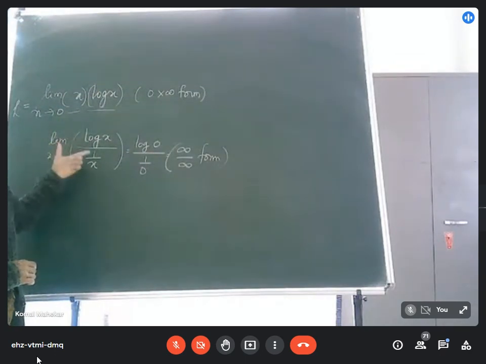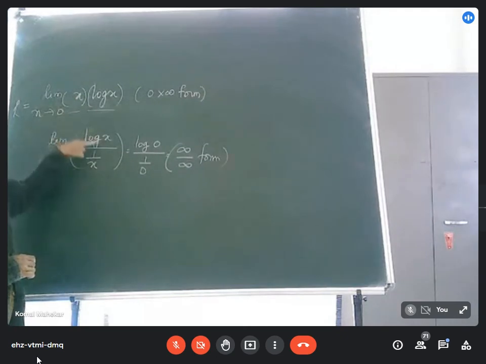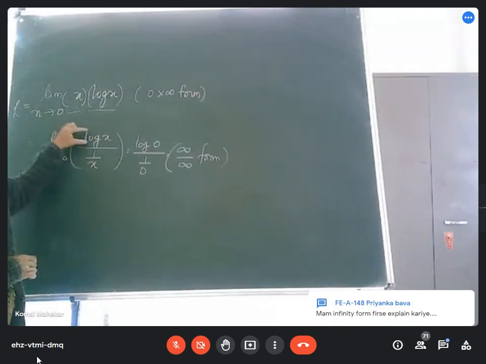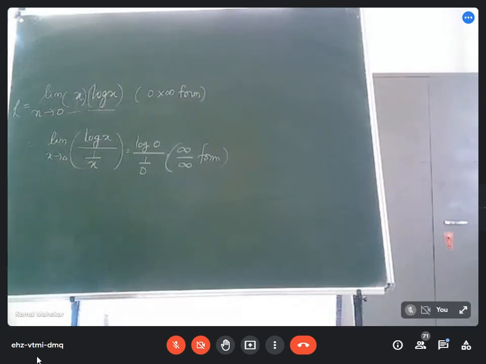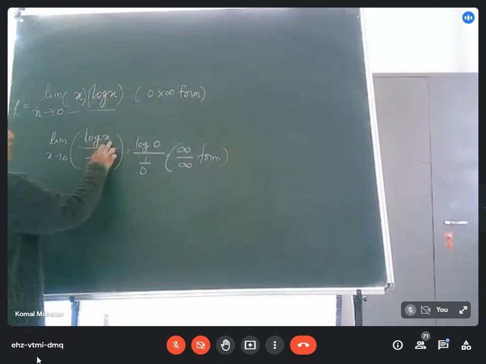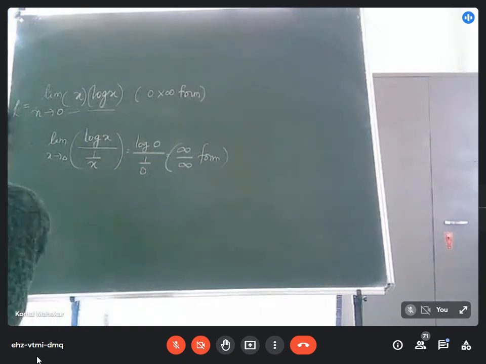We keep the logarithmic function in numerator, and multiply by x is the same as divide by 1 by x. So we write log x divided by 1 upon x. If you put the limit x equal to 0, this becomes log of 0 divided by 1 by 0; 1 by 0 is infinity and log 0 is also infinity. So now it is converted into infinity by infinity form.